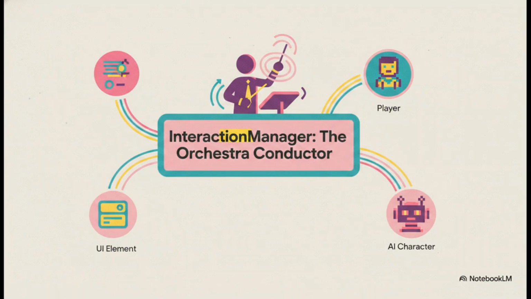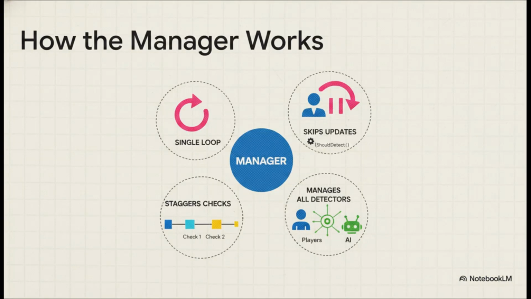At the very heart of this entire system is the interaction manager. Seriously, the best way to think about it is like an orchestra conductor. It's not playing any of the instruments itself, but it's directing every single detector in your scene, making sure they all work together in perfect, optimized harmony. So how does this conductor do its job? Well, its genius is in its efficiency.